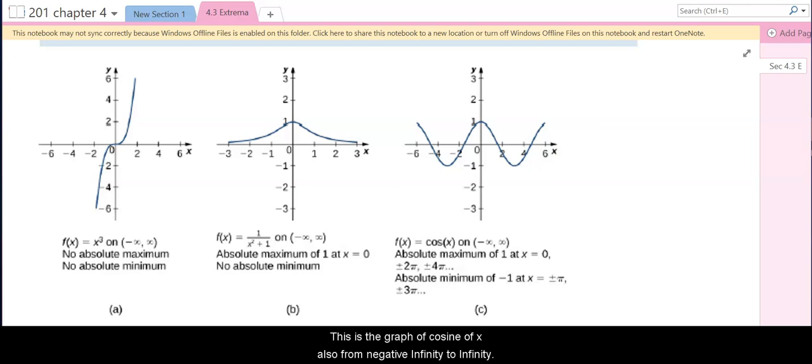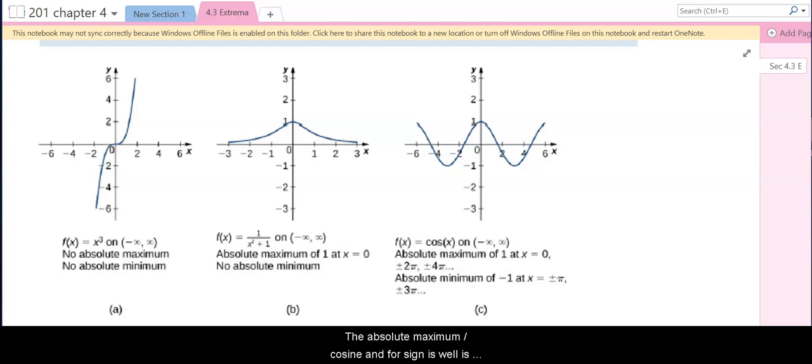This is the graph of cosine of x, also from negative infinity to infinity. In this case, even though the interval is not bounded, negative infinity to infinity, we have both an absolute maximum and an absolute minimum. Remember that the absolute extrema is the y value, the x value is where it occurs.